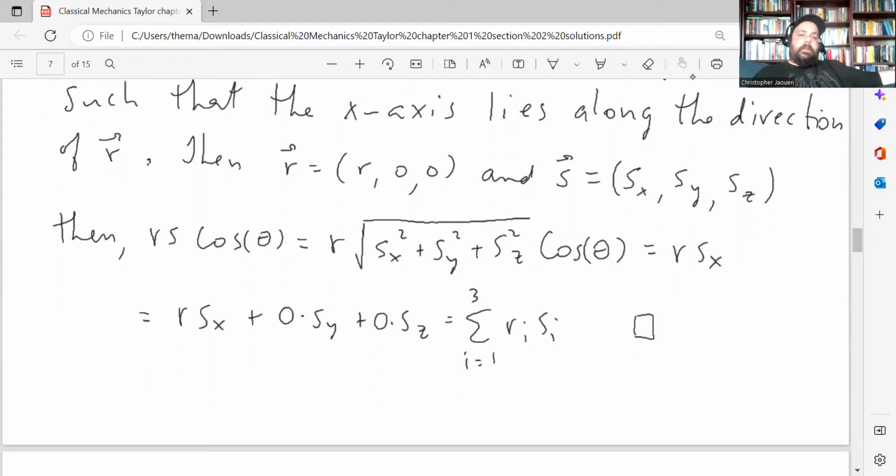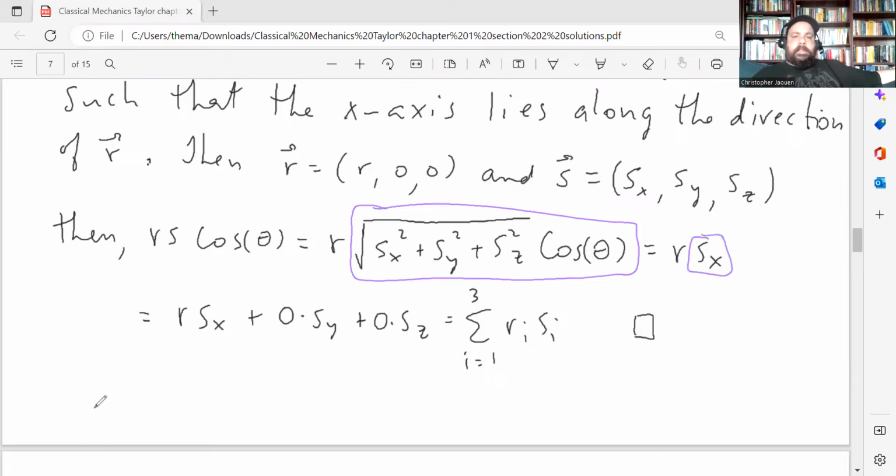And if we look at the quantity here, r s cosine theta, remember theta is the angle between the two vectors. We can write s as the square root of the sum of the squares of the components. That's what that means. And if you look over here, this part is equal to sx, in other words, the x component.